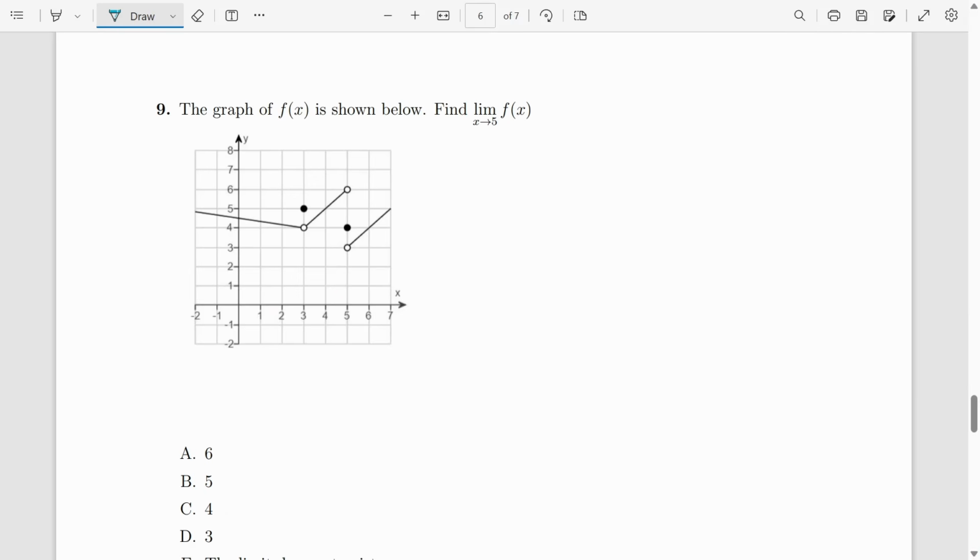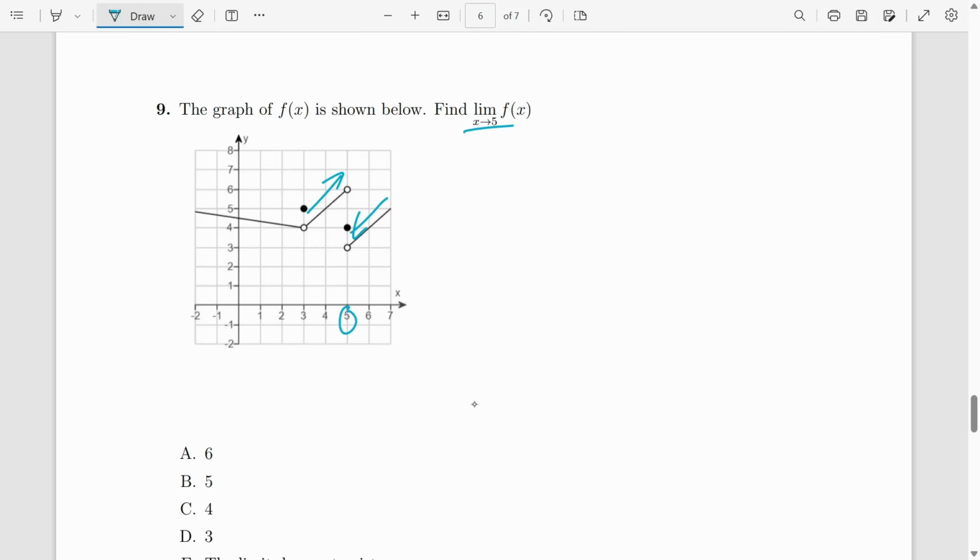Okay, question 9. This is the graph of f of x, whatever f of x is, we don't know, but that's its graph. Find the limit as x approaches 5 of the function here. All right, so this is x equals 5. This is it right here. We have a whole host of problems because A, they are approaching different values, the one-sided limits.